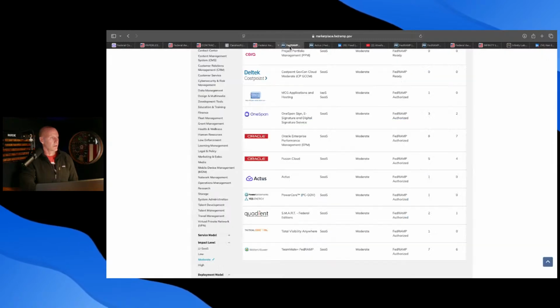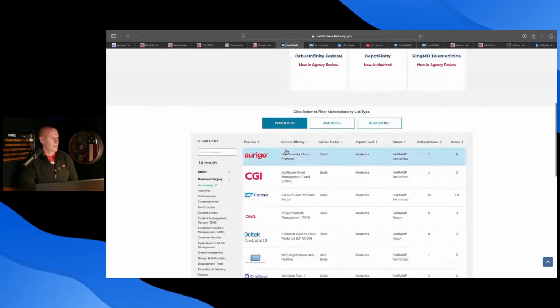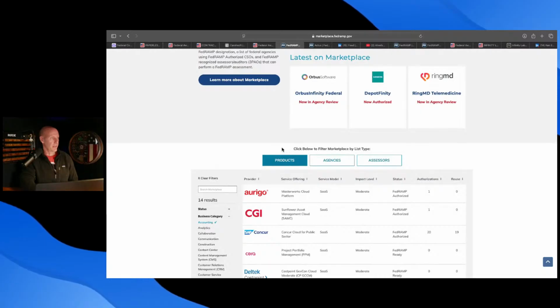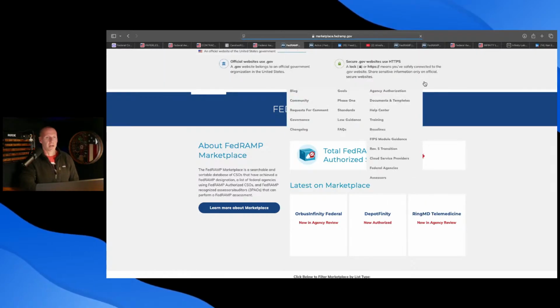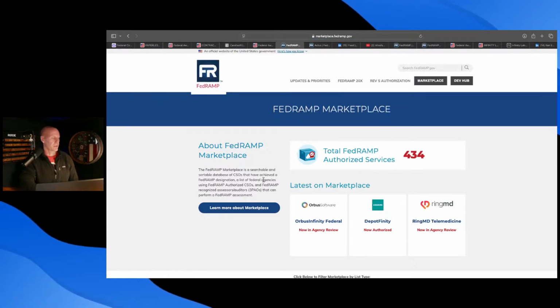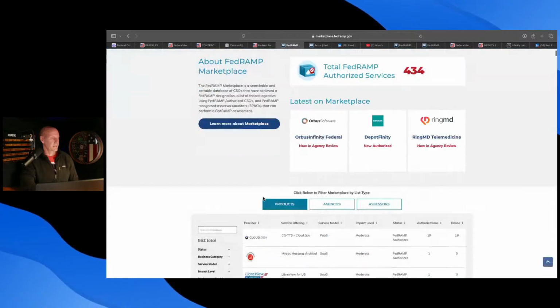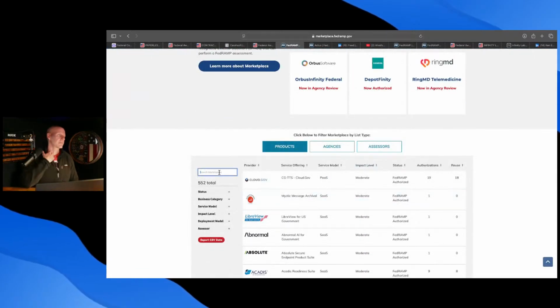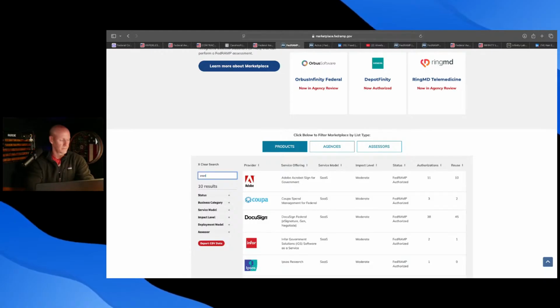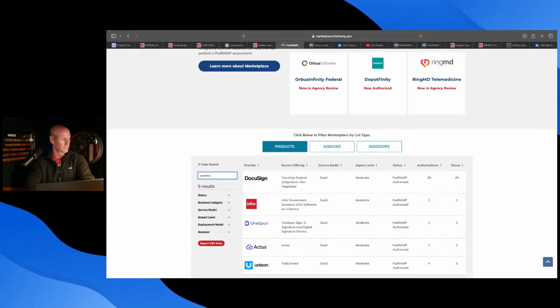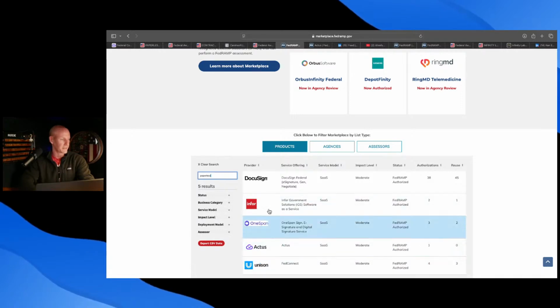And again, going back to FedRAMP, right? So now back to the FedRAMP marketplace. If you want to check on a company and see if they're in the process of FedRAMP certification, you go to the marketplace and you can just type them in here. What was it called? Paperless. Actus. It's called Actus.